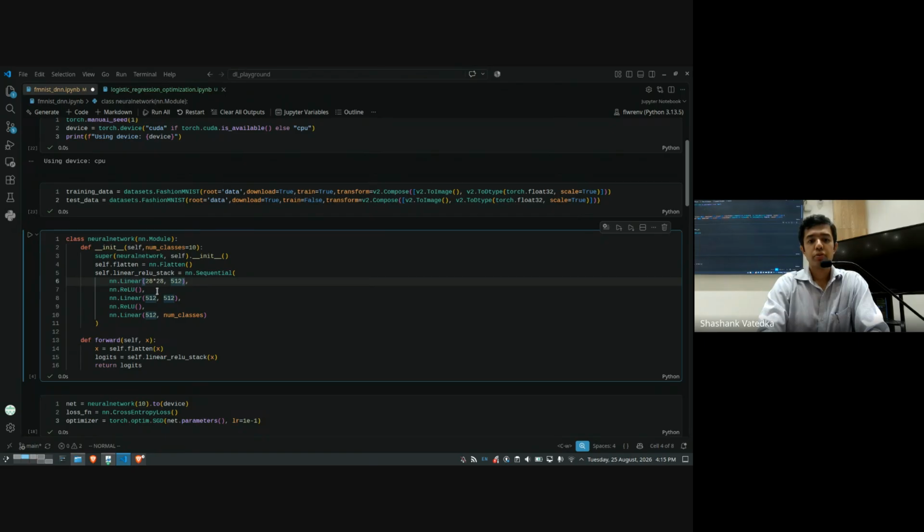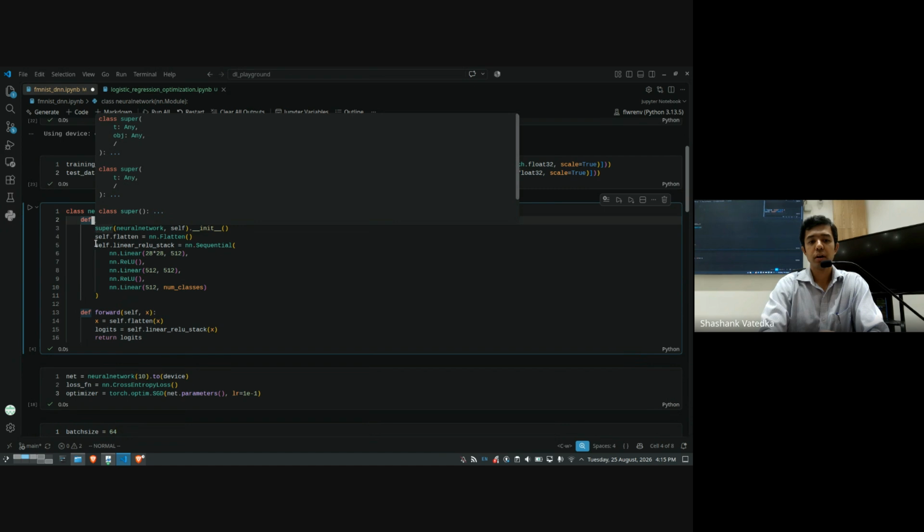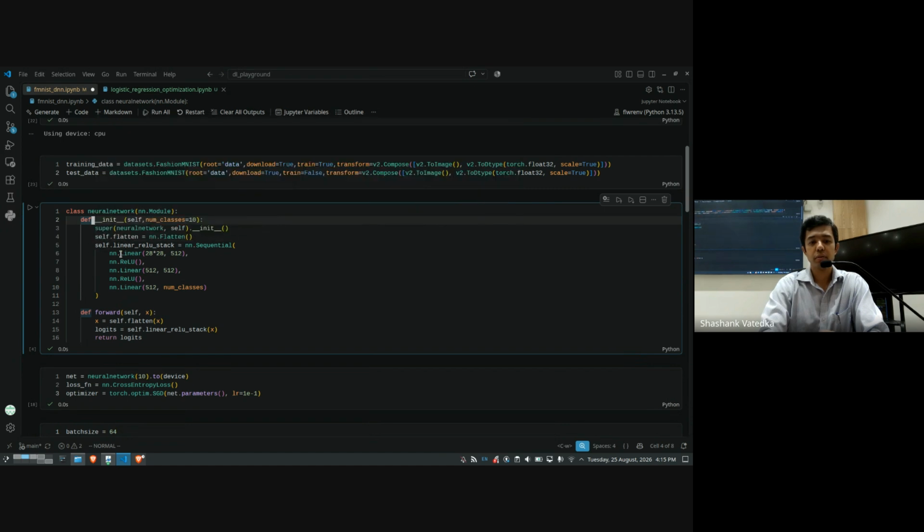For the hidden layer, I'm using a ReLU activation function. For the output layer, also I'm using a ReLU activation function. The whole definition of the neural network consists of defining the sequence of operations that need to be performed by the neural network.